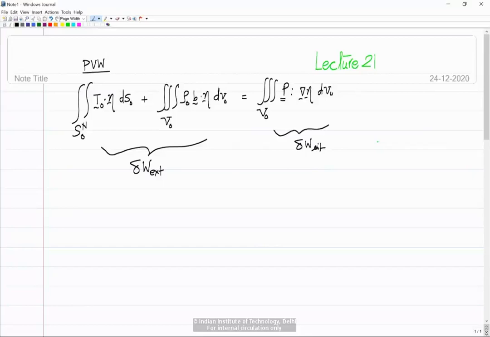Okay, so this is also an equation in its own right, so you don't have to start with the strong form.